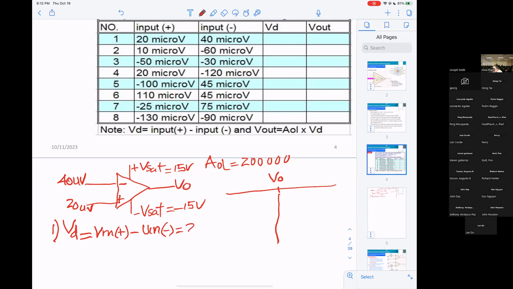That means you take 20 microvolts minus 40 microvolts. What do you get? Minus 20.